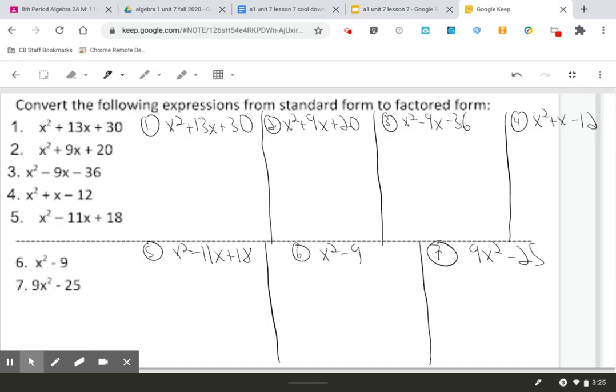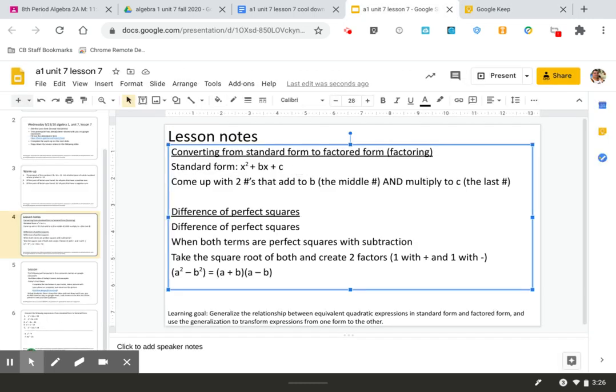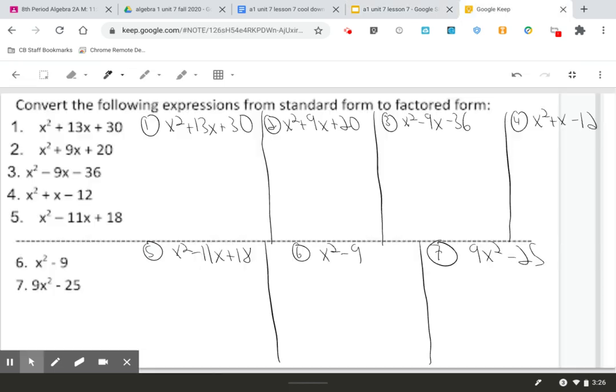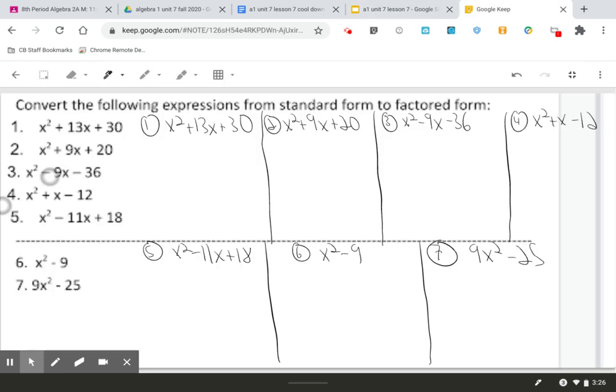So our first one is x squared plus 13x plus 30, and we're going to convert it to factored form. So we need to come up with two numbers that add up to b, the middle number, and multiply to c.